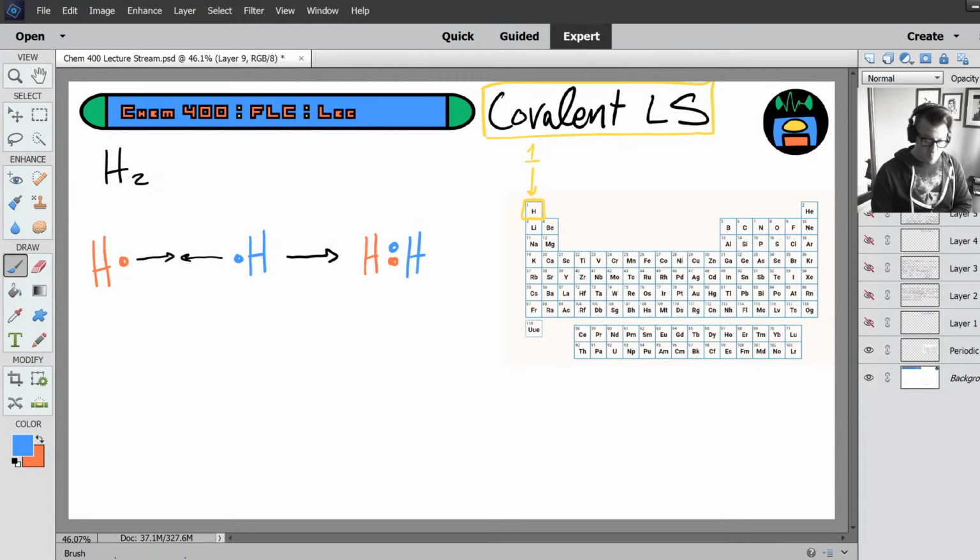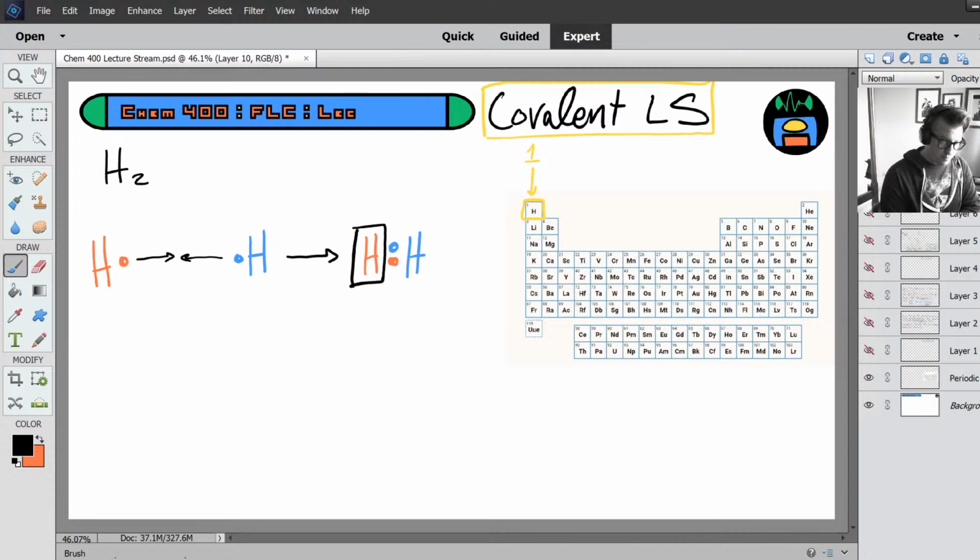Now, here's the deal. The two nuclei move together, so you have the electrons sandwiched in between, all right? Now, here's what happens. When you look at this situation, if you completely black out this hydrogen and just look at the blue hydrogen, it has access to two electrons.